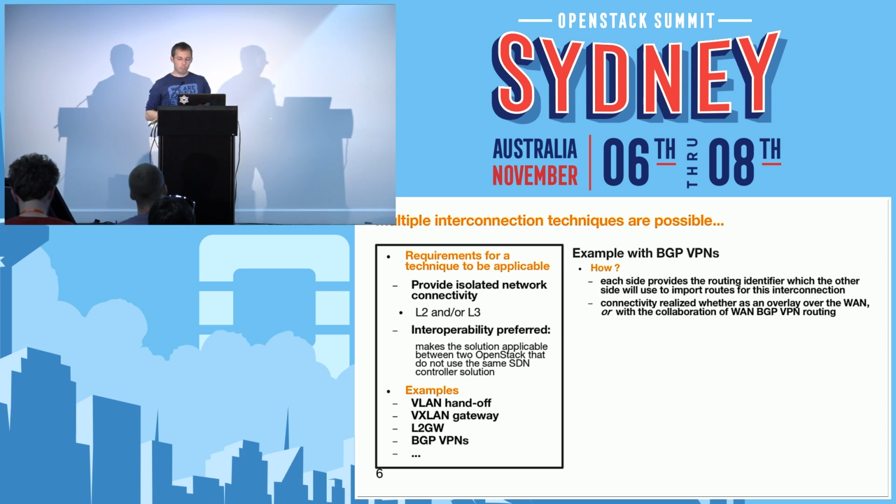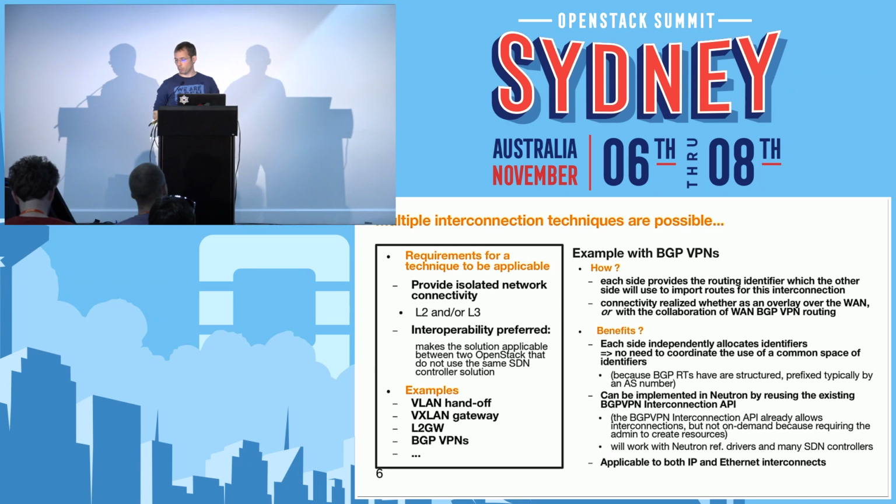Each side will provide to the other side the routing identifier that the other side will use to receive routes for a specific interconnection. And then connectivity can be realized in different ways, whether as an overlay or with the collaboration of BGP VPN routing. So there are different options, which both can have interesting aspects.